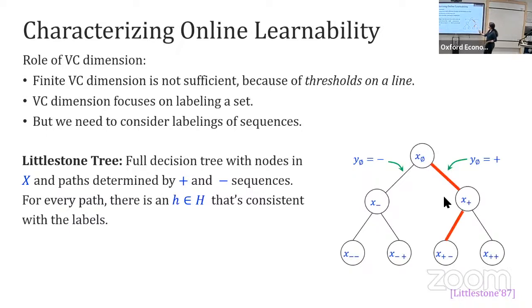Littlestone dimension is the height of the largest tree where every path that you can take is consistent with one function in your function class. Okay, so this is consistent if there is a function that would label this point negative and this point positive.